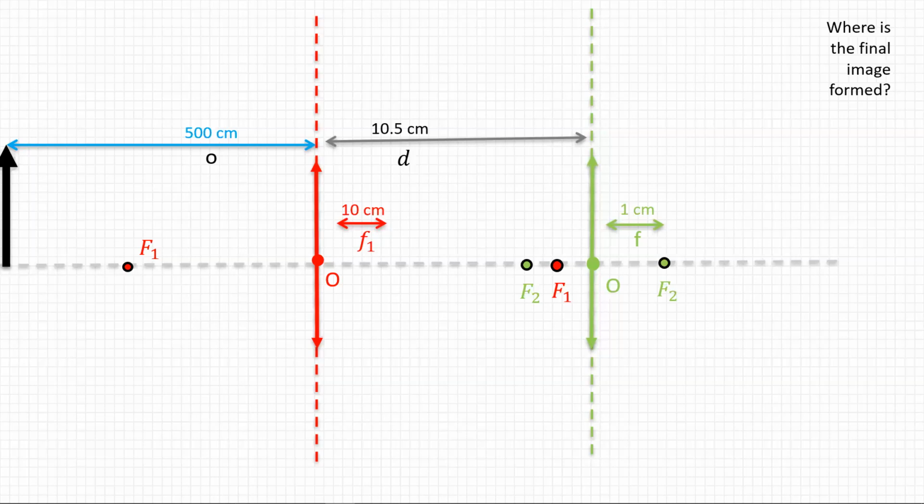Okay, 1 second. Still solving. Okay, some of you are still solving.